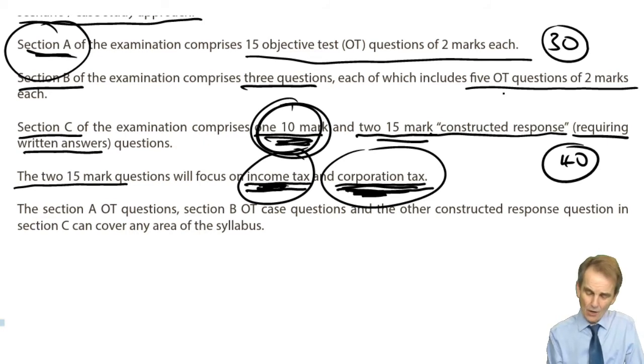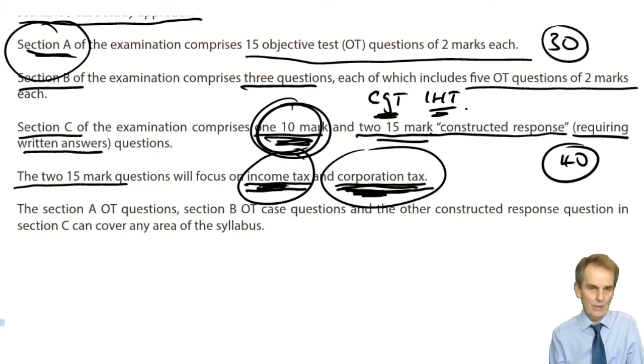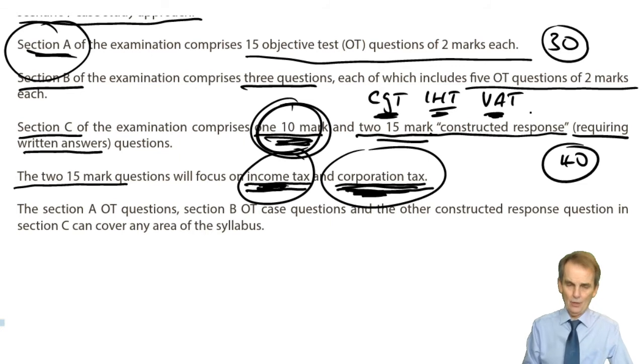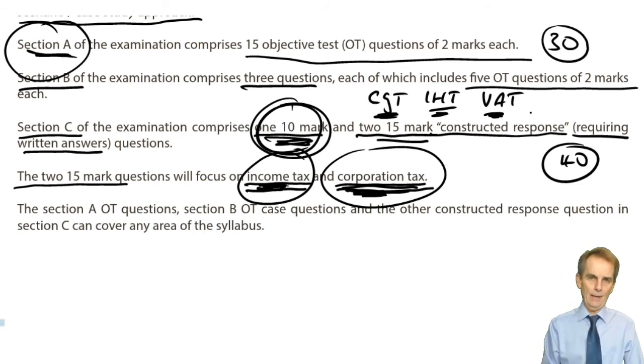So the main objective of these 3 questions is picking up on the other taxes. The remaining 2 personal taxes, so we've got capital gains tax and inheritance tax. And, of course, the indirect taxation, as we know it, VAT.